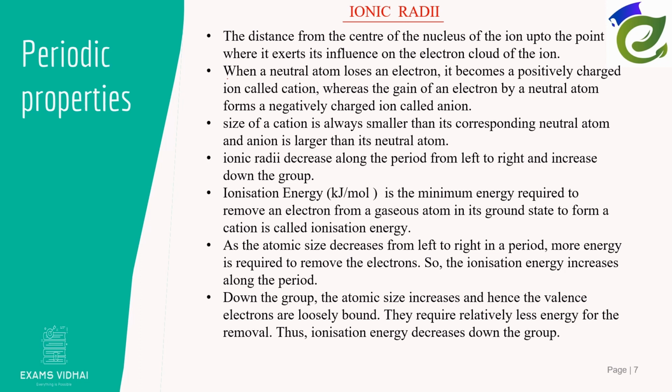When a neutral atom loses an electron, it becomes a positively charged ion, called a cation. The gain of an electron by a neutral atom forms a negatively charged ion called an anion. The size of the cation is always smaller than its corresponding neutral atom, whereas the anion is larger than its neutral atom.